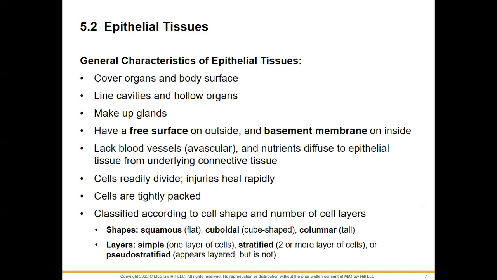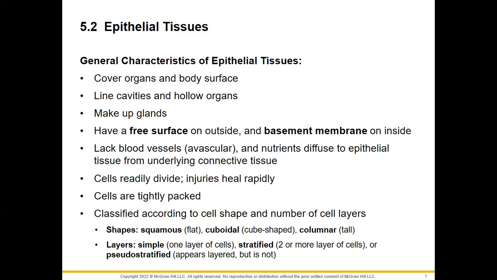One characteristic of epithelial tissue is that there is a free surface on the outside, meaning one of the surfaces of the epithelial tissue is not going to be connected to another cell. Rather, it's going to be open to some space.